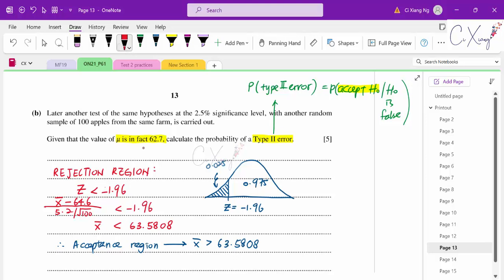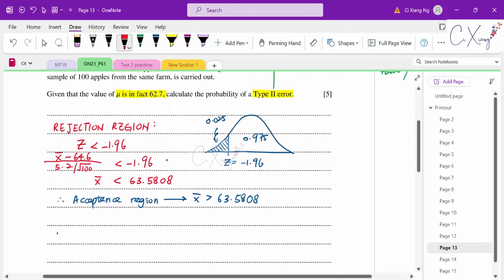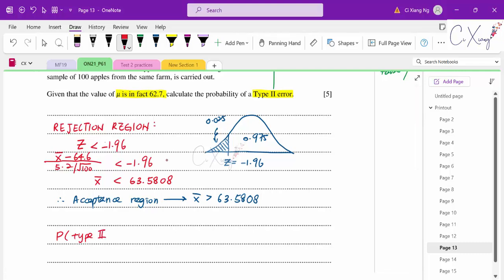Right, so let's start. I want to calculate the type 2 error now. Like what I showed you just now, the definition of type 2 error is to accept the null hypothesis when the null hypothesis is false. Accept null hypothesis means you have to put in the acceptance region, so it's this one.